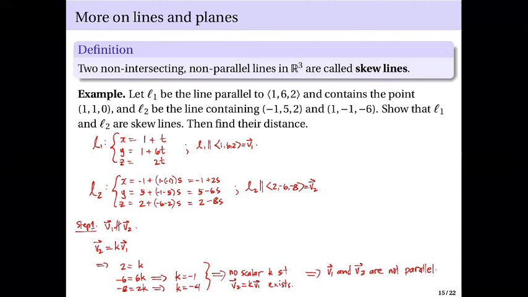Okay? So this means L1 and L2 are not parallel. Okay? Question so far?